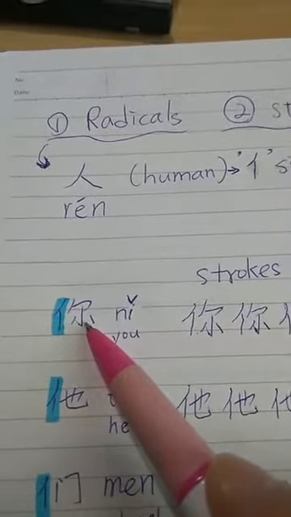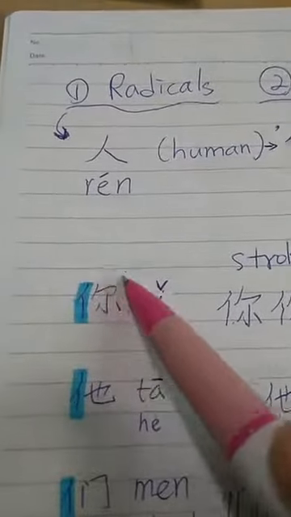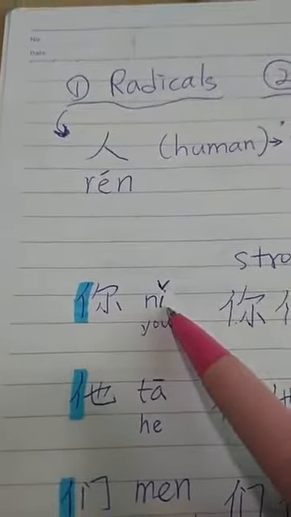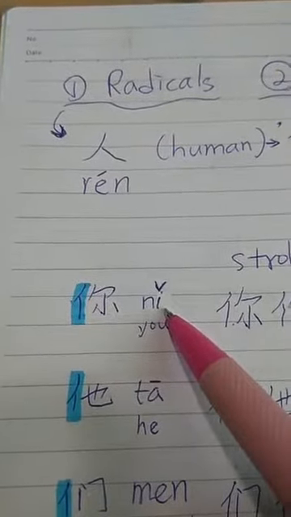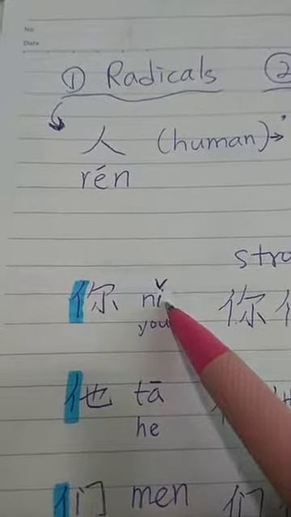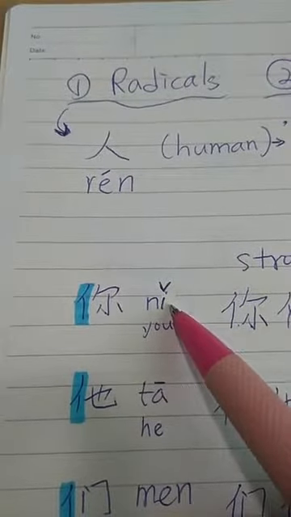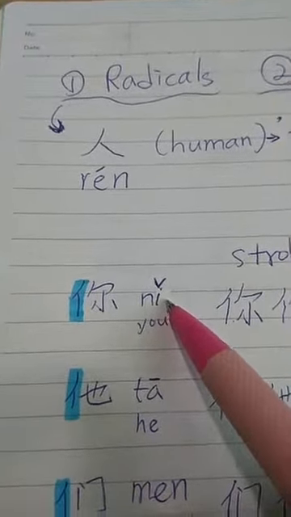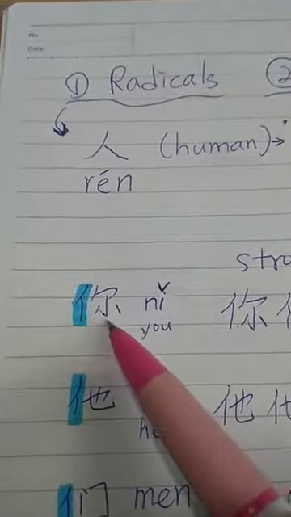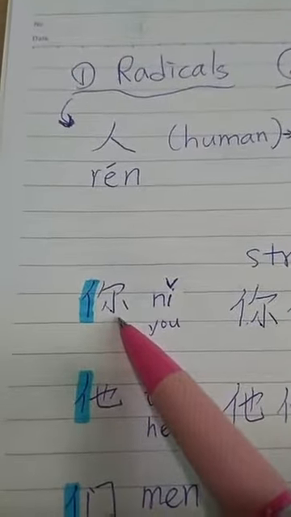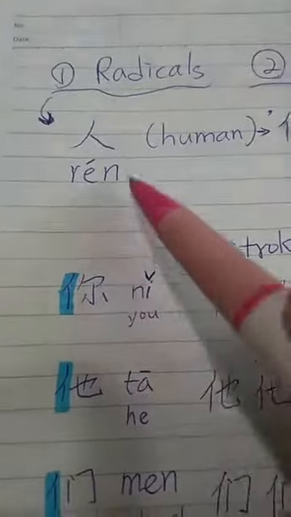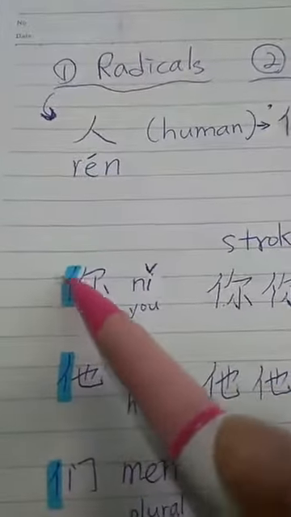Let's talk about this word first. 你, ni, ni. Again, 你, ni, means you. This word is very simple. We just want to talk about the radical here, 人.